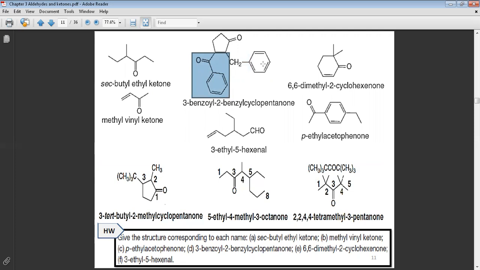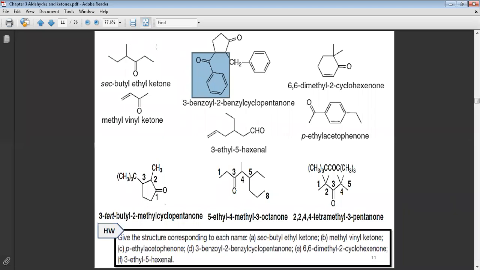We have benzyl, we have benzoyl. What remains? Just pentane, cyclic, and ketone. That means it will be pentanone. On carbon number 2, what do we have? We have benzyl. On carbon number 3, we have benzoyl. That means it will be 3-benzoyl, 2-benzyl cyclopentanone. This is the name for this compound.